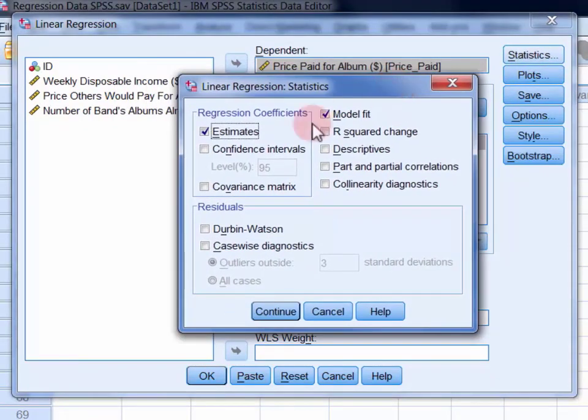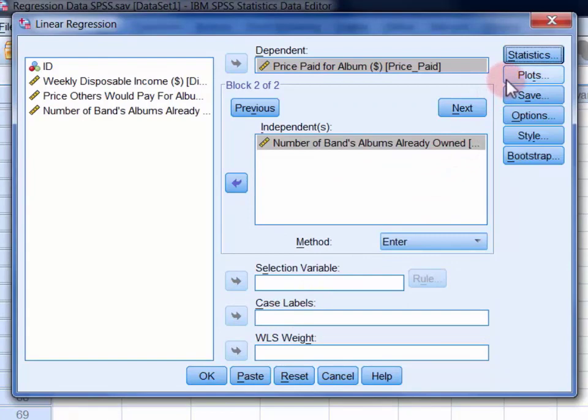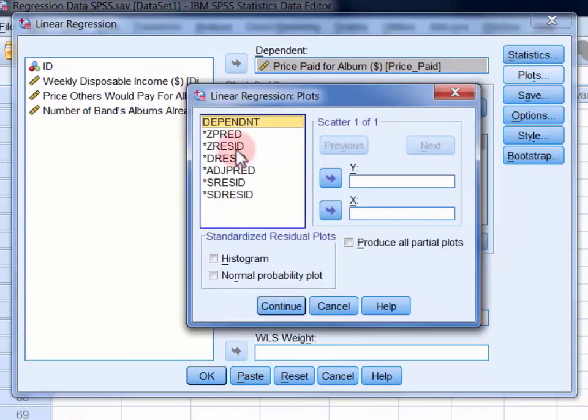In Statistics, select Confidence Intervals, R-squared change, Descriptives, Part and partial correlations, and collinearity diagnostics, and then click Continue. In Plots, move ZRESID, which means standardized residuals, into the Y field, and ZPRED, which stands for standardized predicted values, into the X field, and then select histogram and normal probability plot, and click Continue.